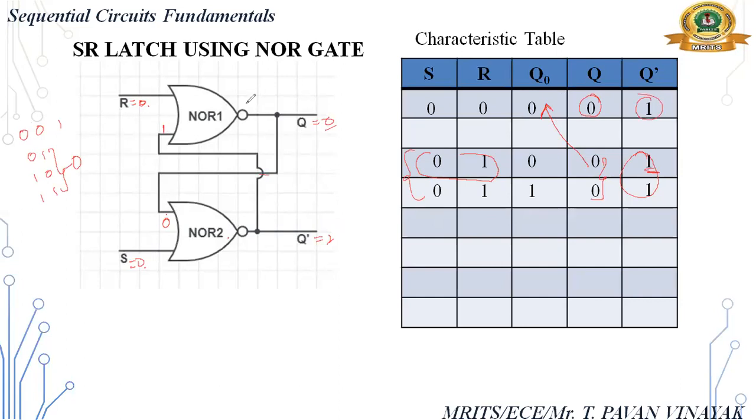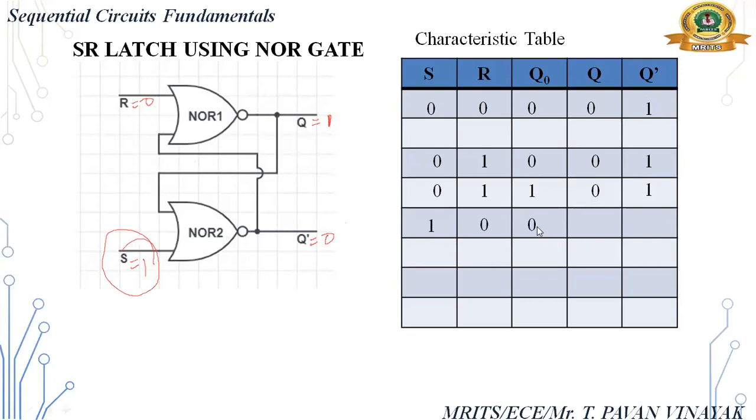Now I am taking R is equal to 0, S is equal to 1. Whenever S is equal to 1, what is the output? Output is 1, Q bar is 0. You all already observed. Suppose I take the previous value as 0.